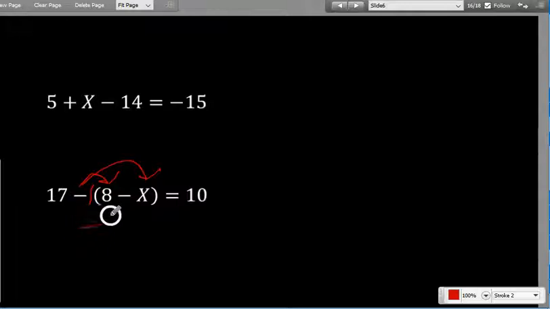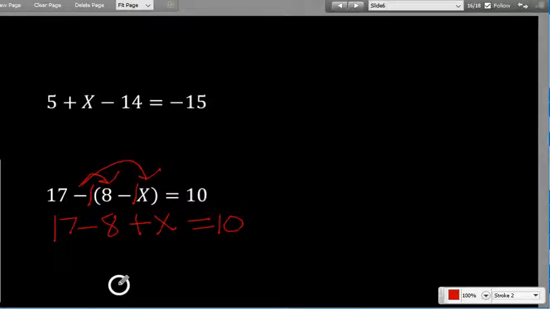-1 times 8 is -8. What I want you to notice here is this -x. That's like having a -1x. Okay, so -1 times -1x is a positive 1x. Then we have 17 equals 10.